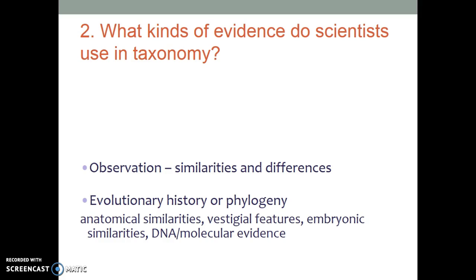Vestigial features are features that are not going to have function in present-day organisms. At one time, they may have had function, but at this current moment, there is not a function. So the whale hip and femur bone, they have them, but there's no function. So those are the vestigial structures.